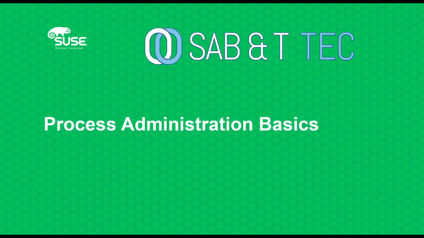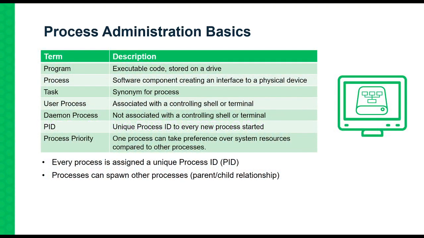Let's look at process administration basics. Before we can start, there are a few terminologies we need to understand. The first terminology is the program. It's an executable code stored on a drive.